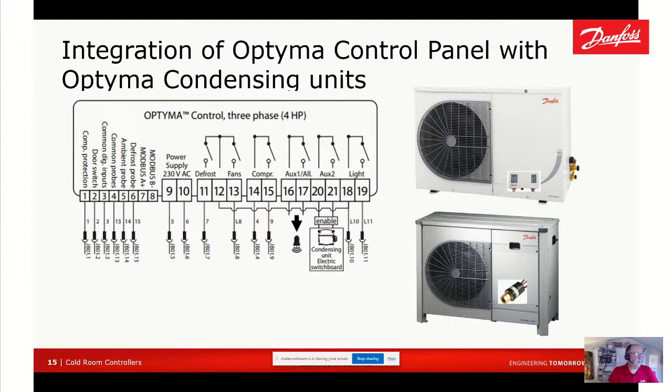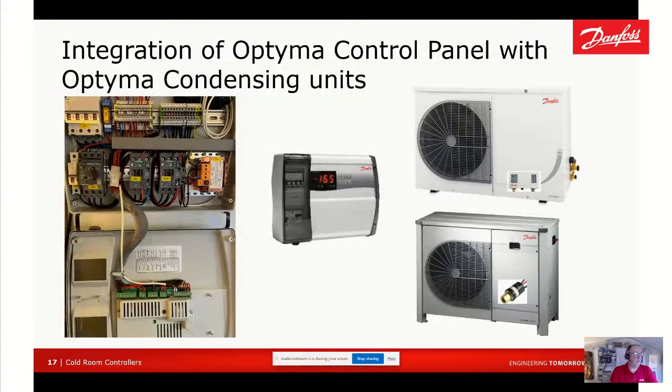So if we talk about the three-phase version, again, the three-phase version has the same card in, basically. If we just flick to that picture there, that's exactly what's actually behind me here.